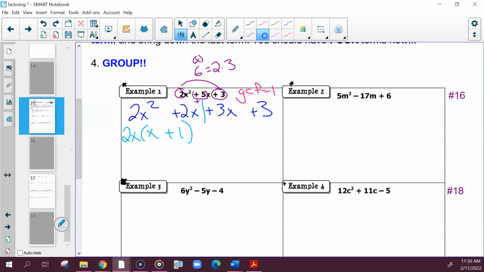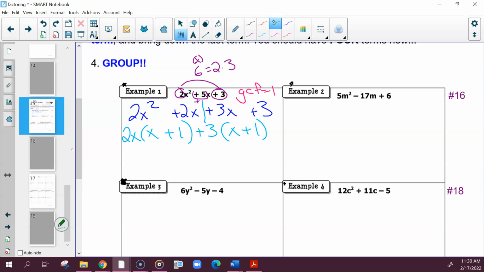And then what could we divide out of the last 2? 3. Remember that whatever this third term is, whatever sign it has, bring that down. So plus 3. If we divide 3 out of both of these, what would be left? x plus 1. Remember that these should be the same.